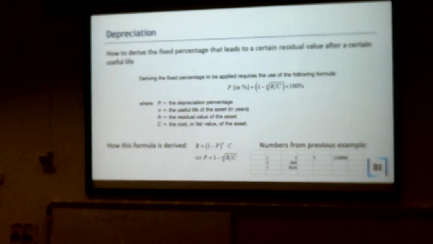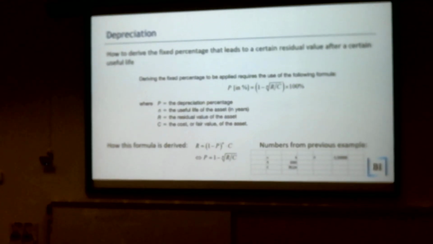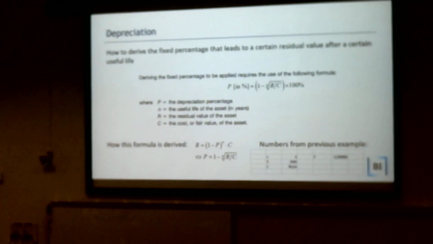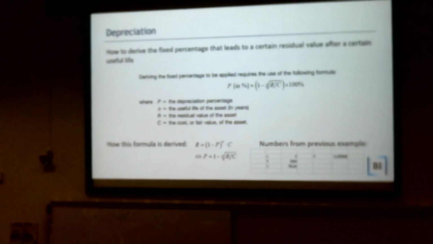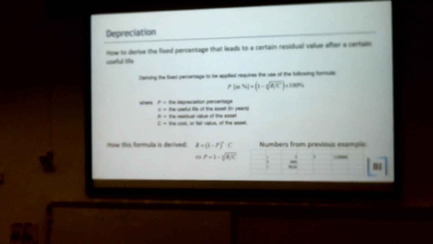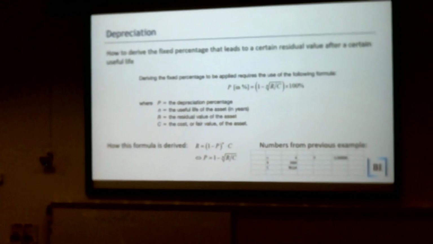Yeah, but what's the number? 0.51. That's bad rounding. Let's say 0.6, right? So that's P. That means 1 minus P, that's what? 0.4, right.